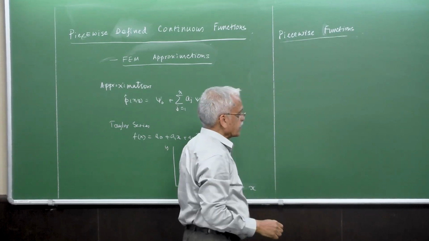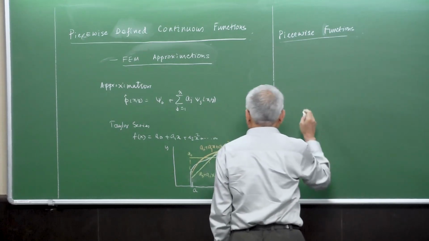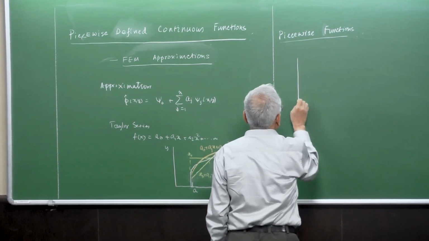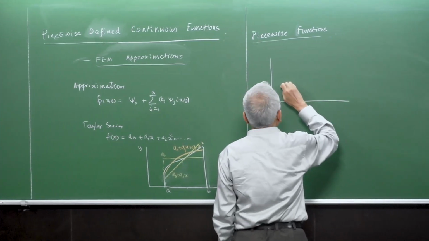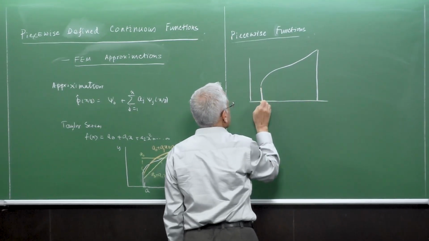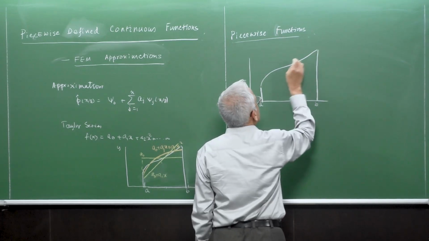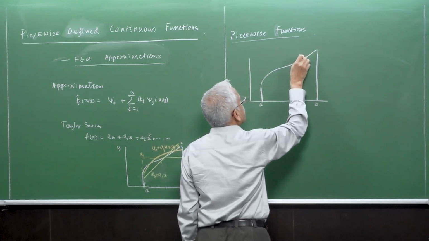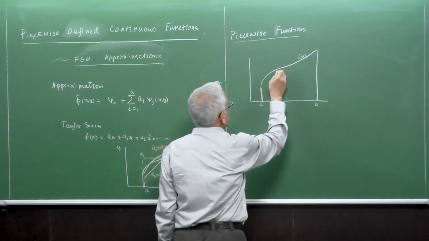So piecewise continuous function here is that we can say the same thing. This is the actual function, let us say, between a and b, and we want to approximate it.